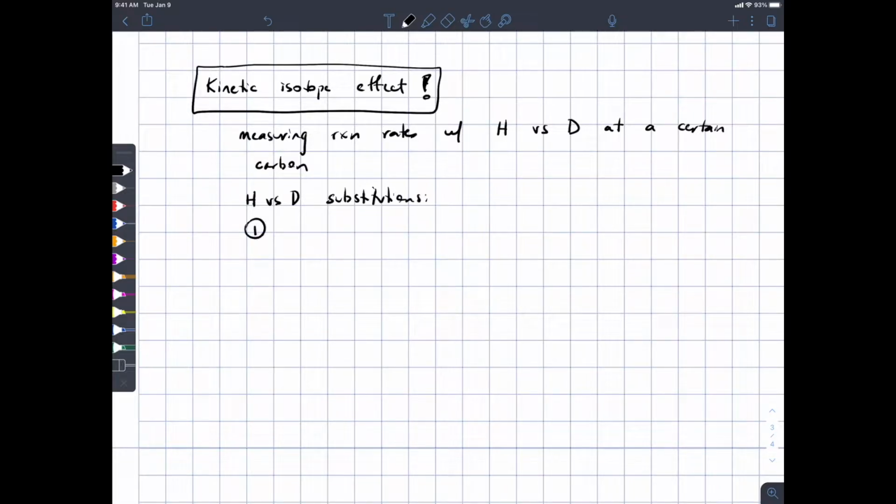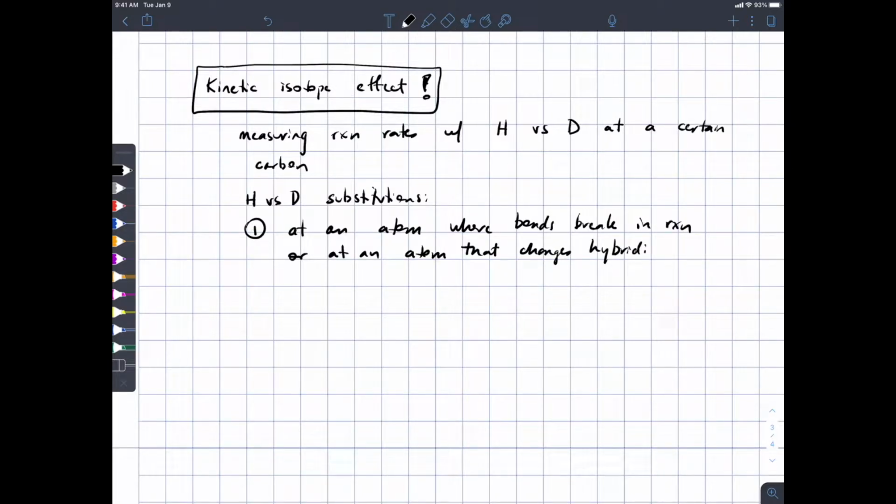We might choose, as I said, an atom where bonds break in a reaction, or an atom that rehybridizes, that changes geometry, changes hybridization in a reaction.